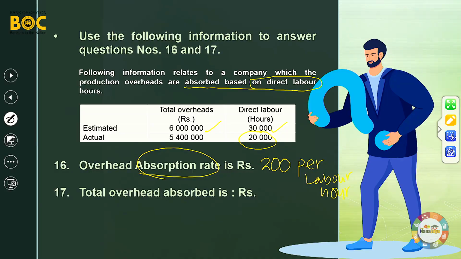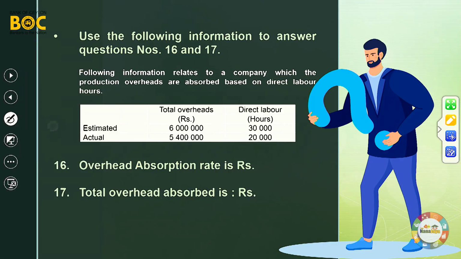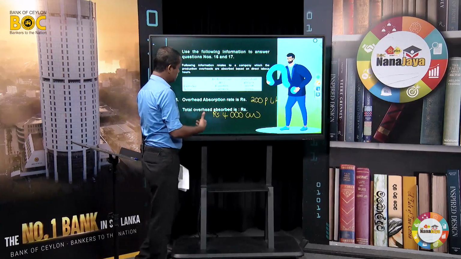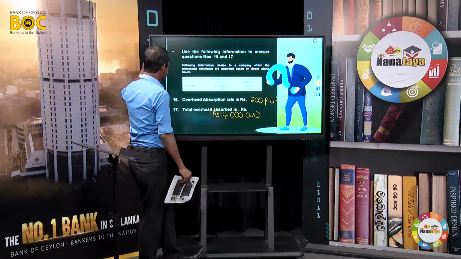The absorption rate is 200 rupees per labor hour, so the total overhead absorbed is 4 million rupees.